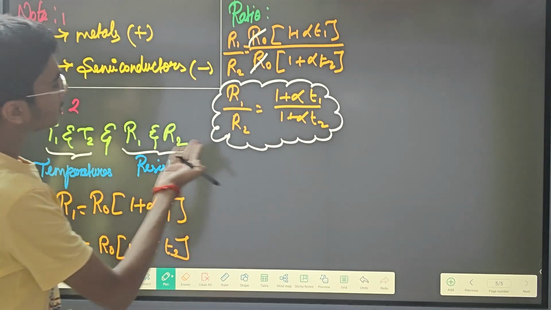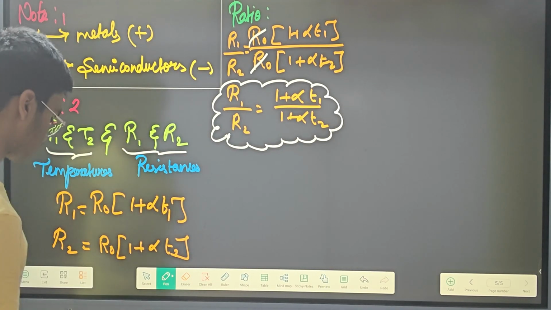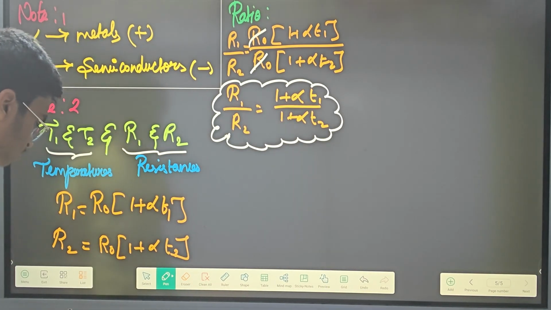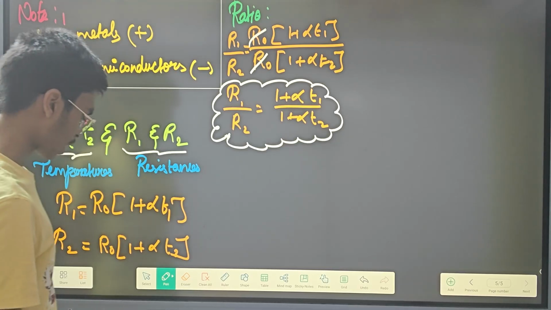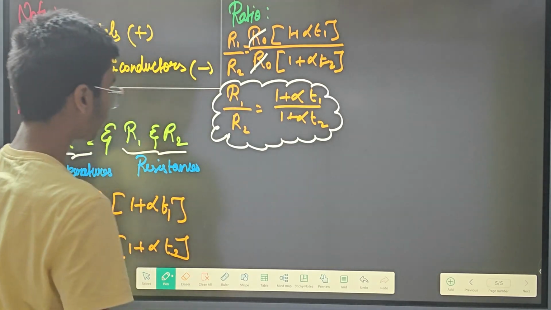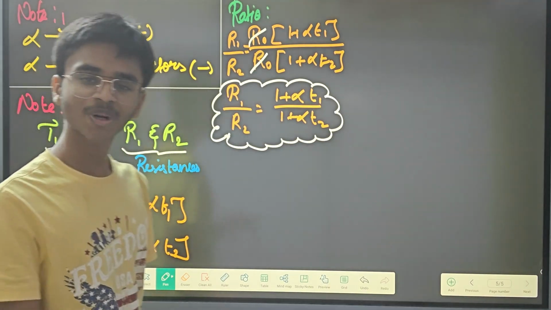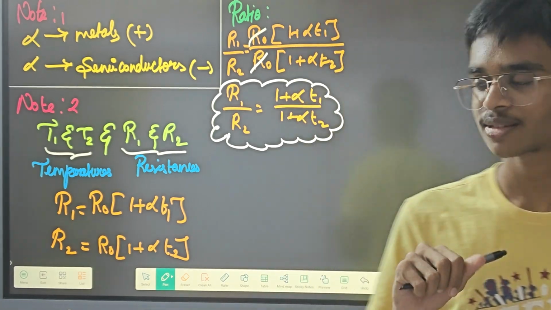Yes, this is it. What is R naught here? R naught is the resistance at 0 degrees Celsius.